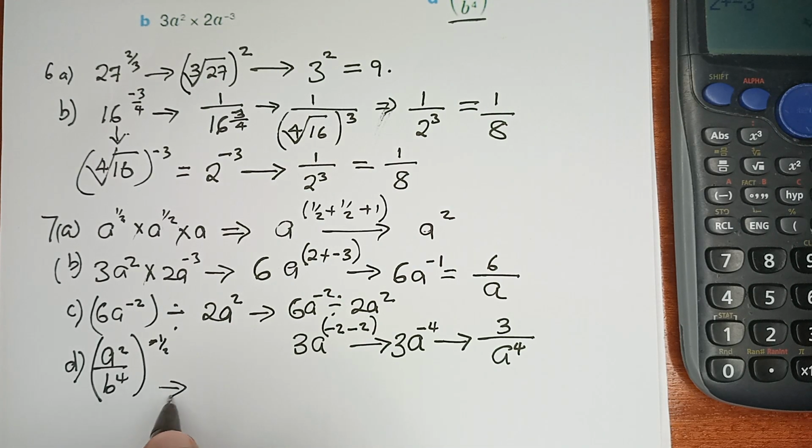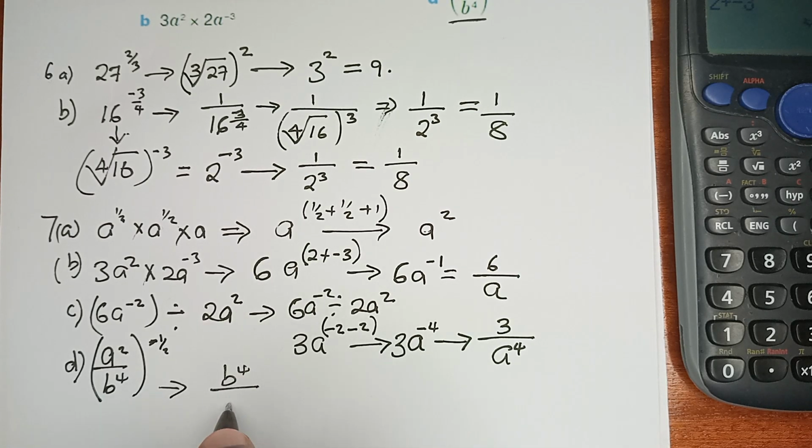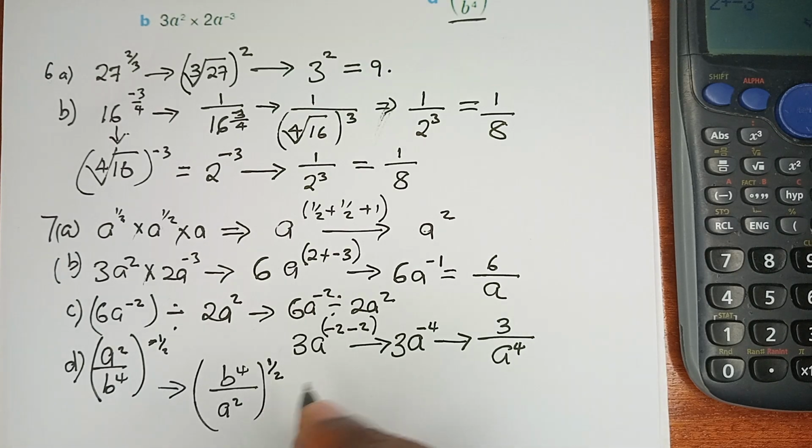This takes us to b to the 4 all over a squared, raised to power a half. So we have flipped this fraction such that the index they were sharing is now a positive half. Now we can simply deal with each one of them independently.